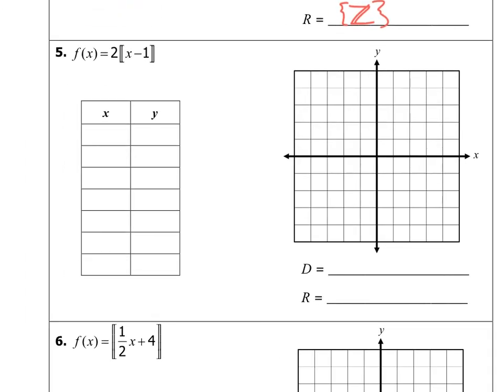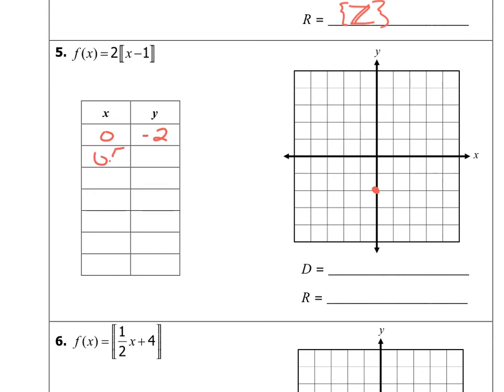Now, let's do number 5. Number 5, similar concept. The problem on this one anyway is that when we plug in a 0, 0 minus 1 is negative 1. So the greatest integer down from negative 1 is negative 1, times 2 gives you negative 2. So at 0 we go down 2, put a dot. Okay, so let's try a decimal on this one. 0.5.